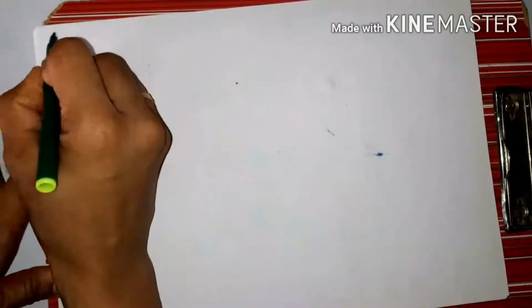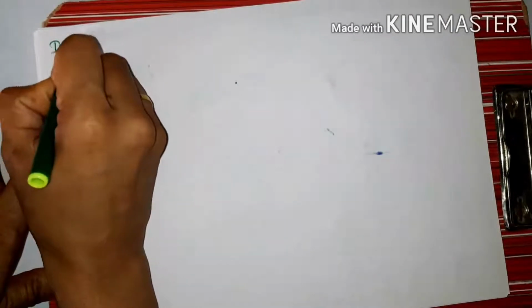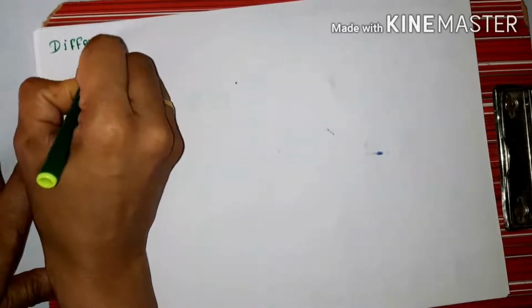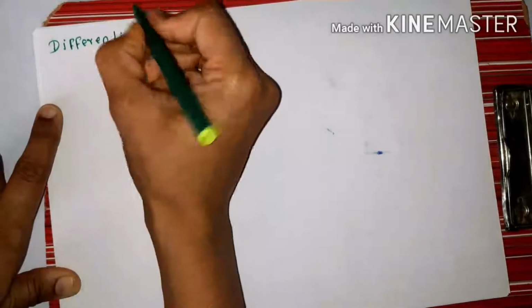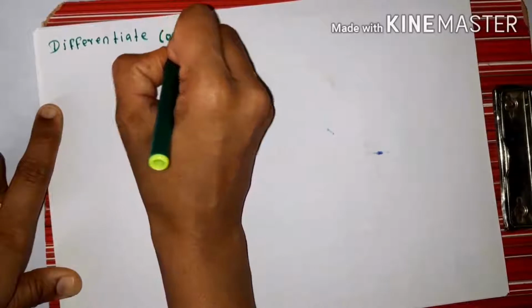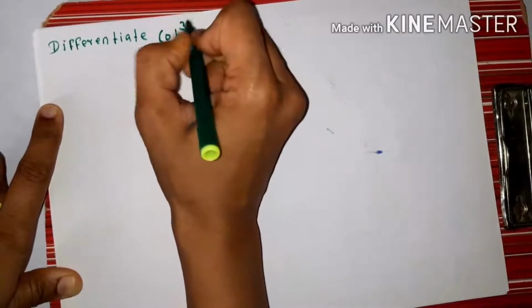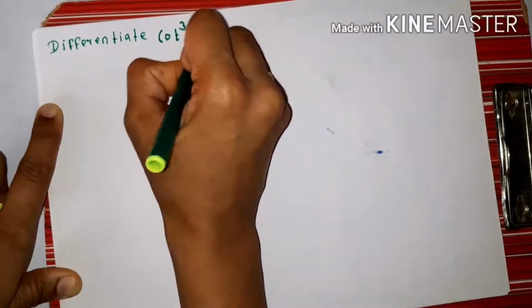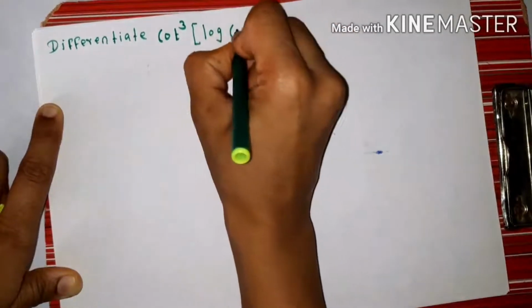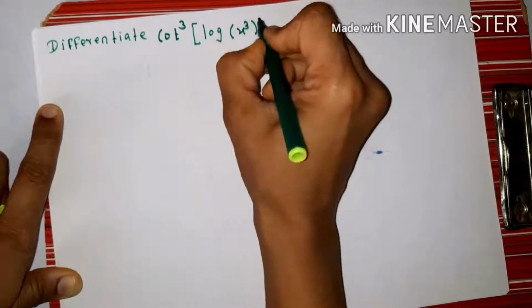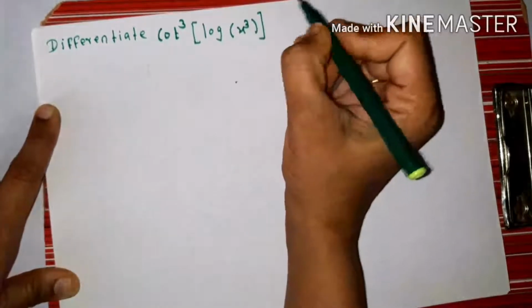Differentiate cot cube log of x cube. Cot cube log of x cube.